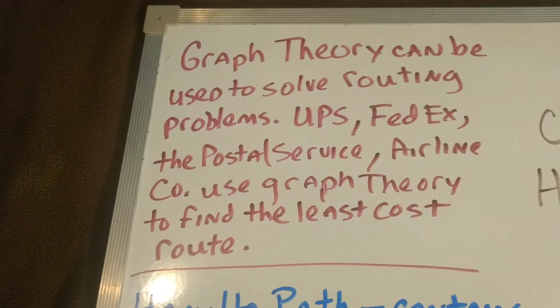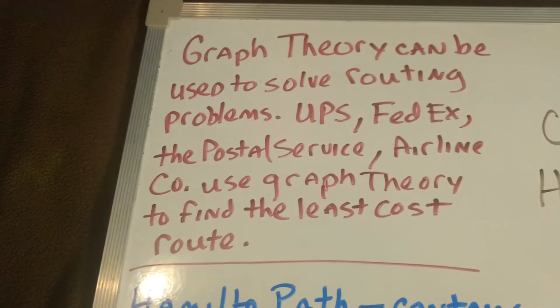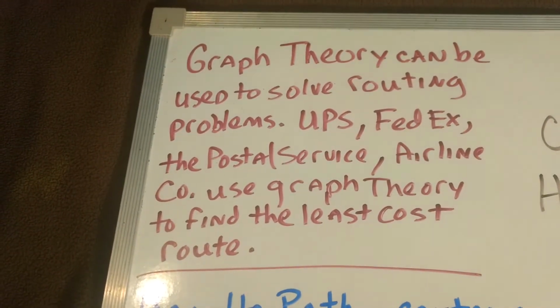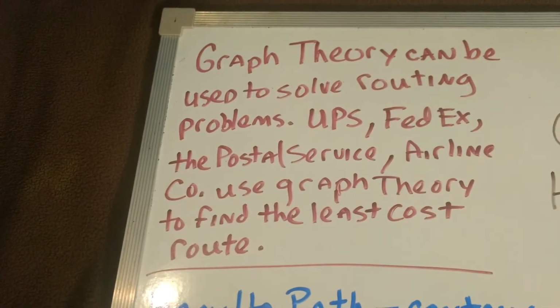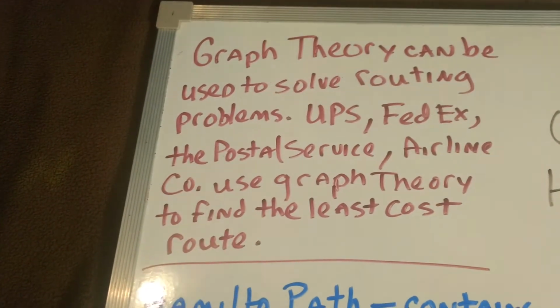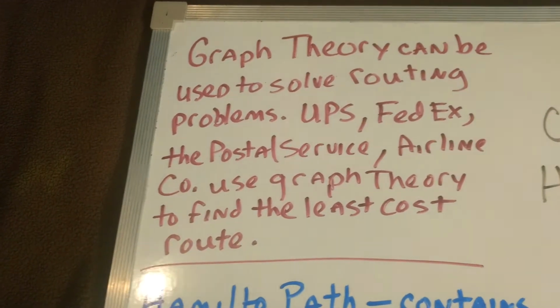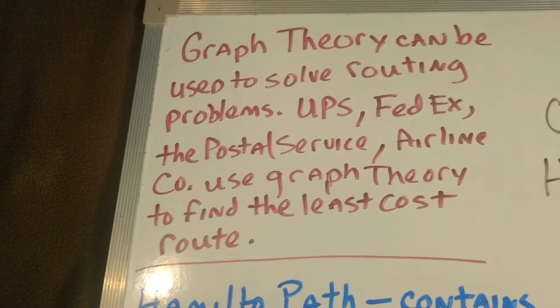This graph theory is using vertices and lines, which we call edges, to indicate the most economical way to travel, most economical way to deliver things, most economical way to just see how things work.